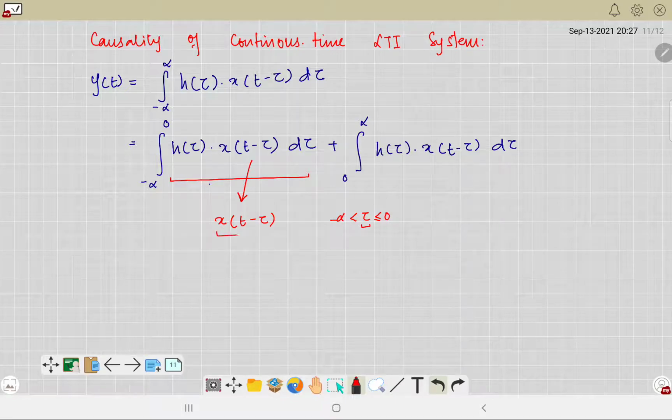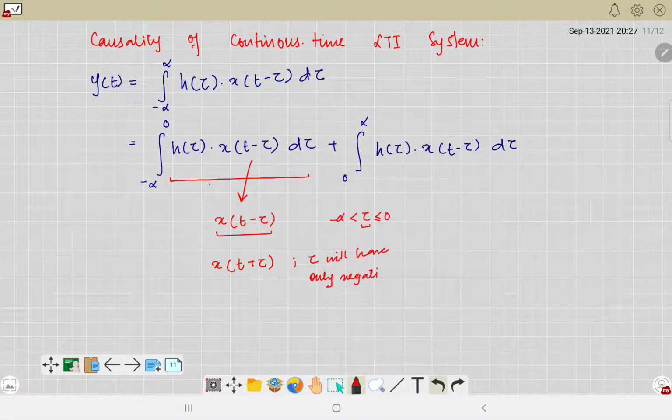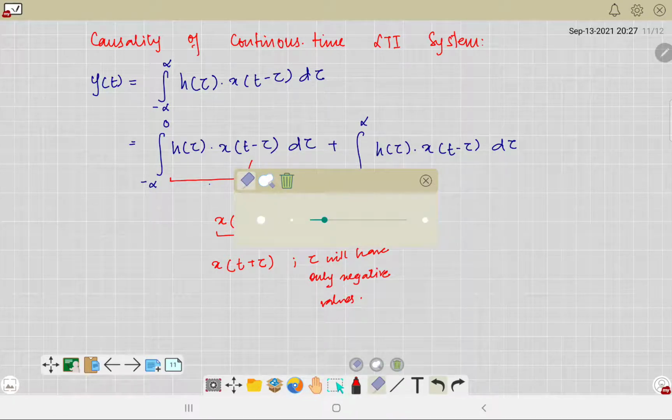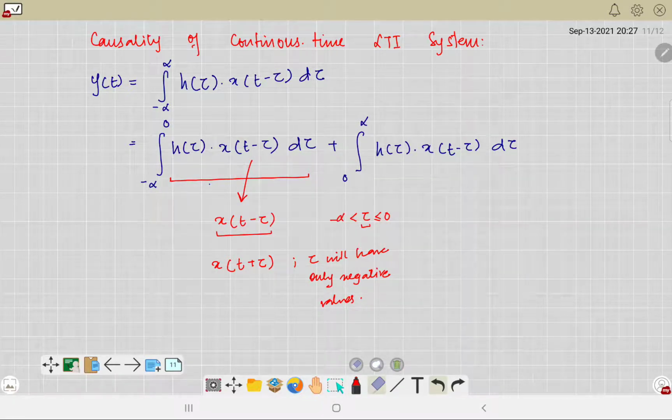So this term will be x of t plus tau, because tau will have only negative values, so it should be less than 0. Fine.